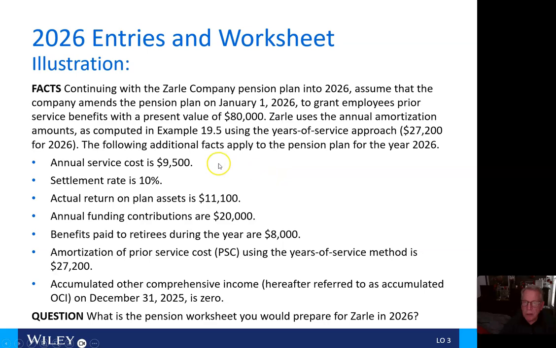And then some additional facts: the annual service cost of $9,500, settlement rate of 10%, annual return on plan assets is $11,100, annual funding contributions $20,000, benefits paid to retirees during the year are $8,000, amortization of prior service cost using the years of service method $27,200, and then accumulated other comprehensive income, hereafter referred to as accumulated OCI, on December 31, 2025 is 0.